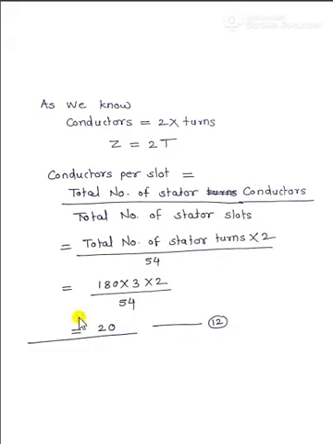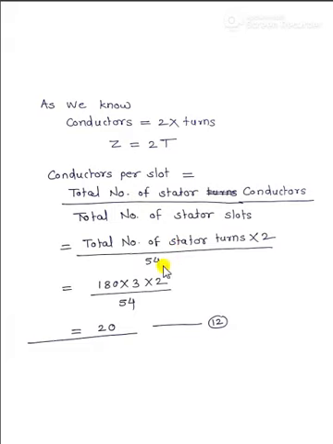Then next, as there is a relation between conductors and turns, conductors are always 2 times the number of turns. So next we find the conductors per slot, which is the total number of stator conductors divided by the total number of stator slots. The total number of stator conductors is 2 times the total number of stator turns.